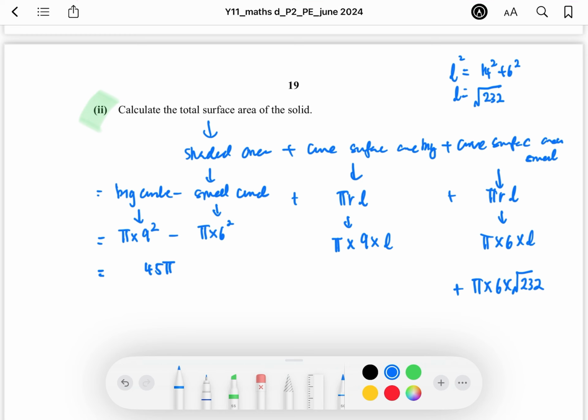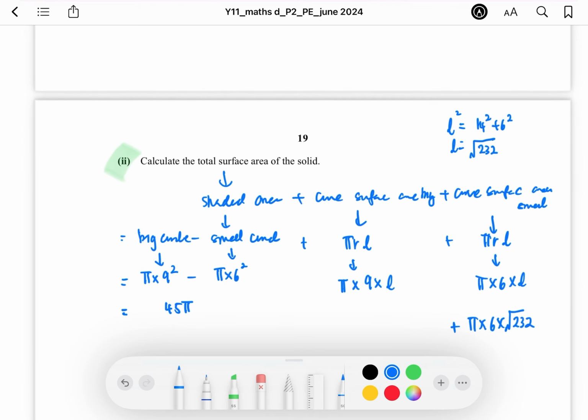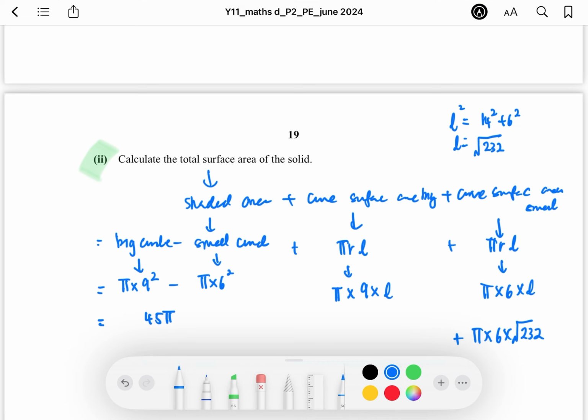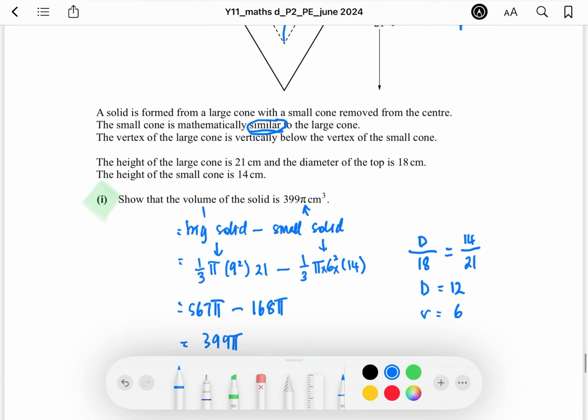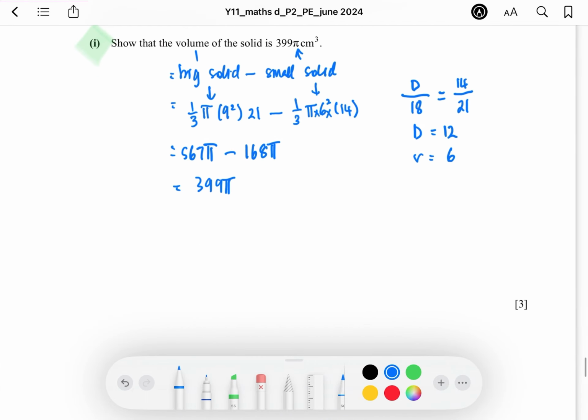For the bigger one, I can use the same thing. I can use similar solids as well, the property of similar solids. But let me use Pythagoras theorem, because I have 9 and I have 21.